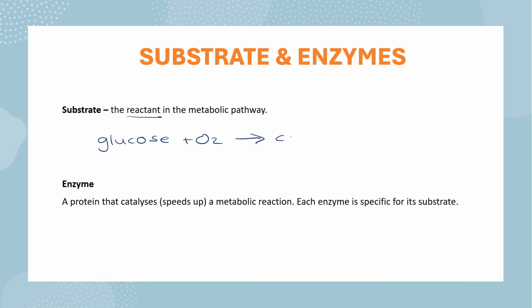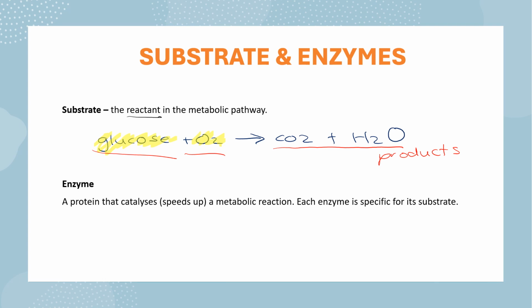We end up with CO2 and water, H2O. When we're looking at this in terms of our substrates, they are our reactants. So glucose and oxygen on the left-hand side of the arrow always are our reactants or our substrates. And on the right hand of our arrow over here are our products. That is really important.